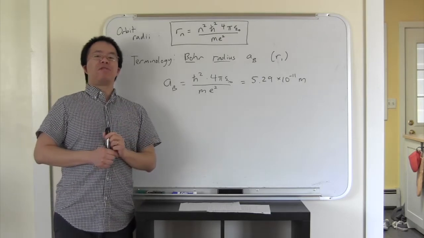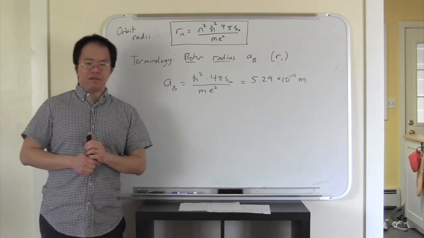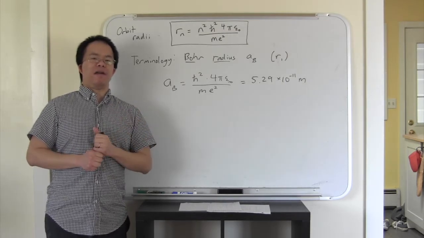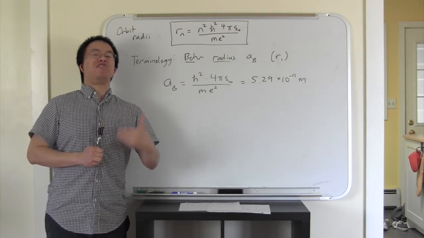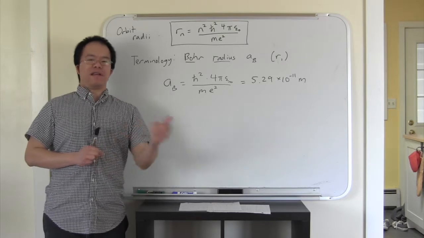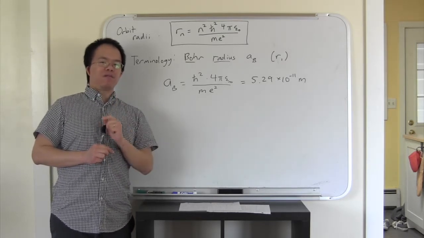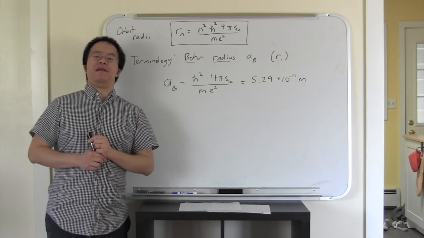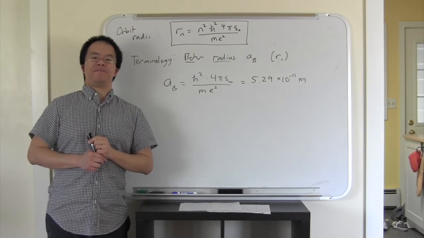I want us to close with a clicker question, thinking about how this approach could be applied to a hydrogenic ion, something that still only has 1 electron orbiting a nucleus, but this time it's going to be a helium nucleus.